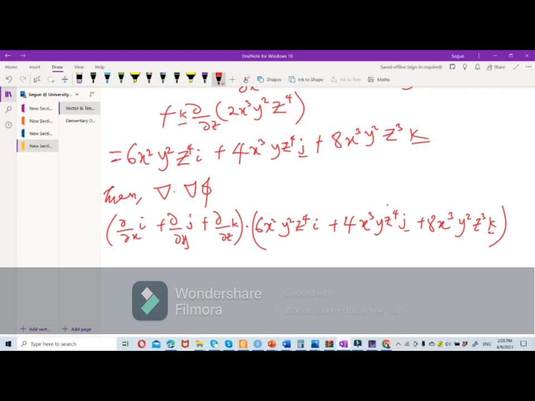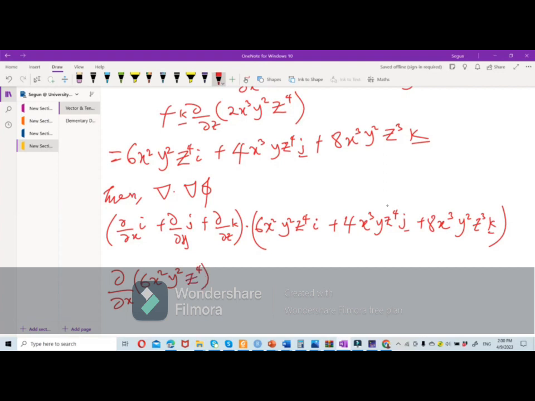So at the end of the day, in this case now, component by component, don't forget, d/dx of 6x squared y squared z4.